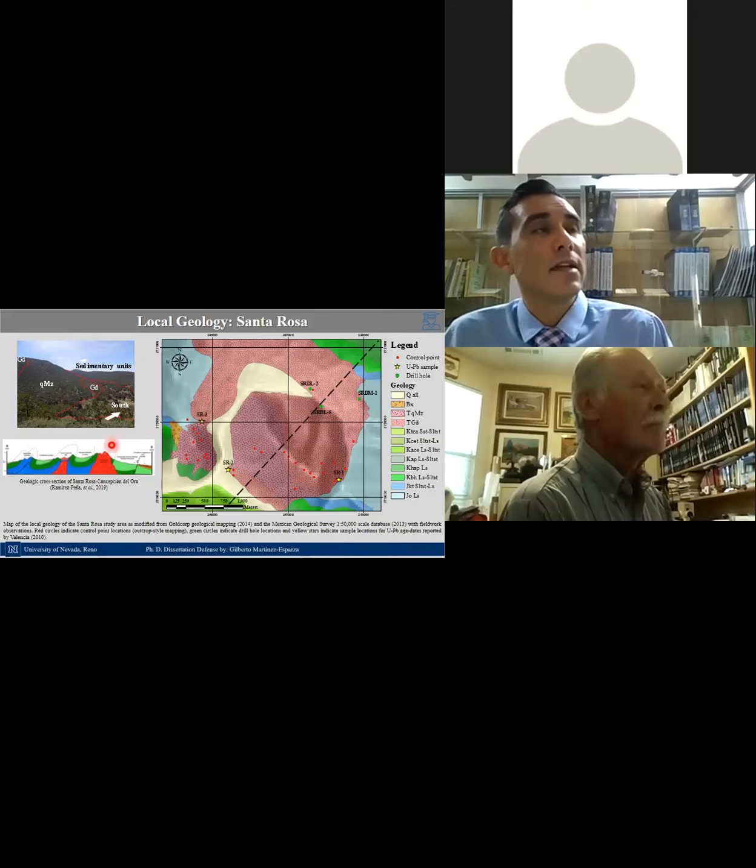And again, it is an overturned anticline. And here the intrusions consist of quartz monzonite and granodiorite.